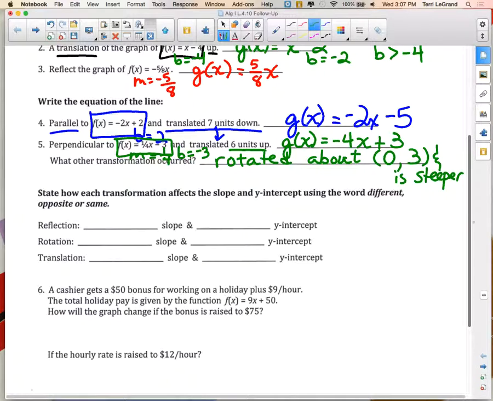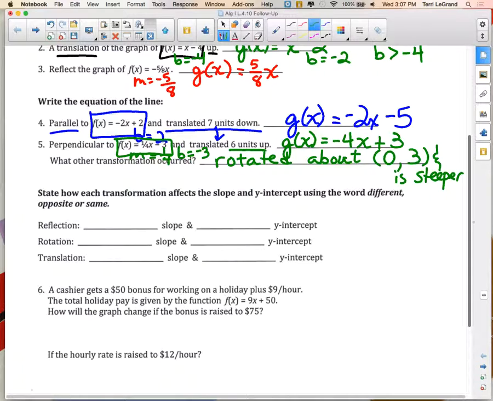Okay, are there any other transformations that occurred? It went from being a positive slope to a negative slope, but yet they weren't opposites, were they? So it also reflected, didn't it? We already talked about a rotation.